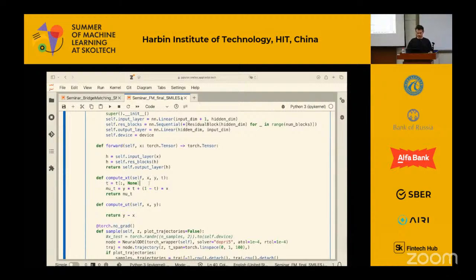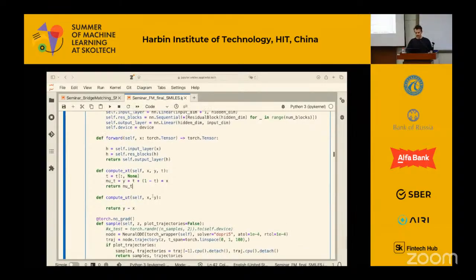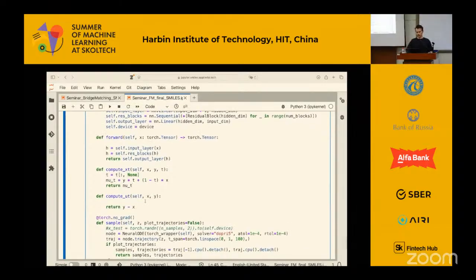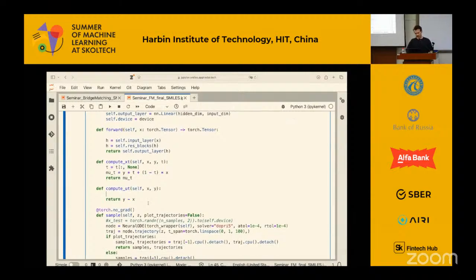We do some technical stuff with time, and we just multiply x1, aka y, by t and x0, aka x, by 1 minus t, and that's it. That's very simple. And to compute the regression target, we just do x1 minus x0, or y minus x. So this is very, very simple code. Flow matching is actually a very, very simple algorithm.